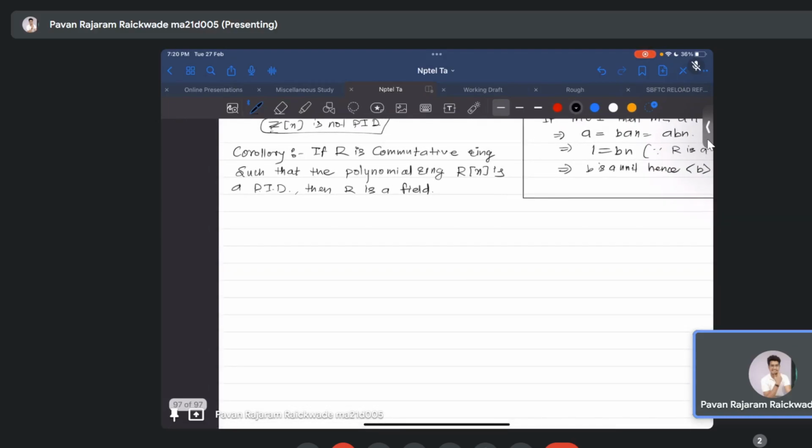So how to prove this corollary? Proof. So yeah, R[x] is a PID, which implies basically R[x] is an integral domain, right?